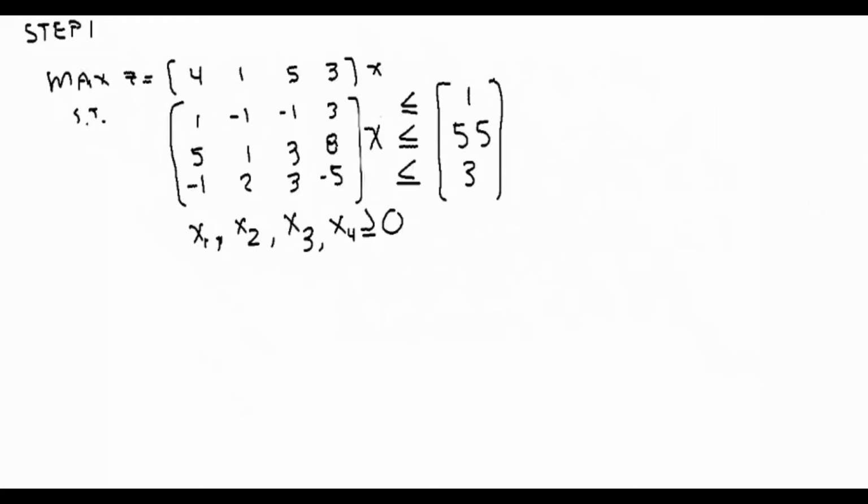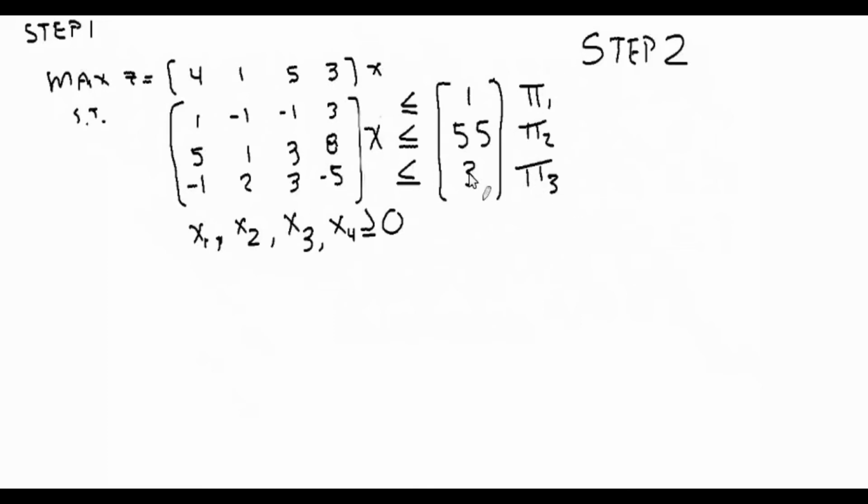Now the second step in the 6-step process, step 2, is to associate dual variables with each constraint. I like dual variables that are pi's, so pi 1, pi 2, and pi 3 are the three dual variables for this problem.